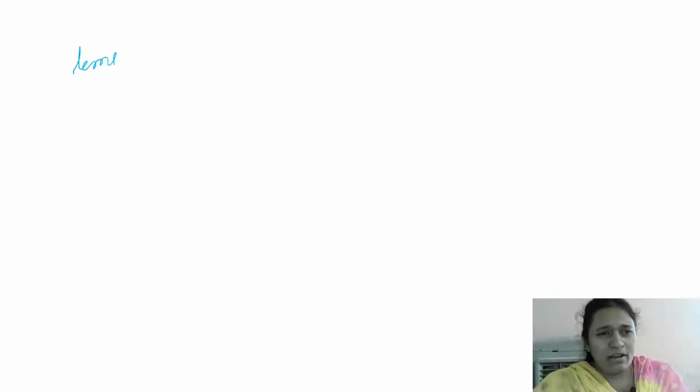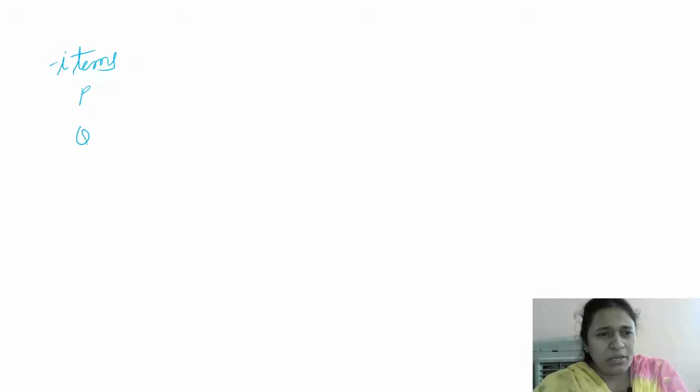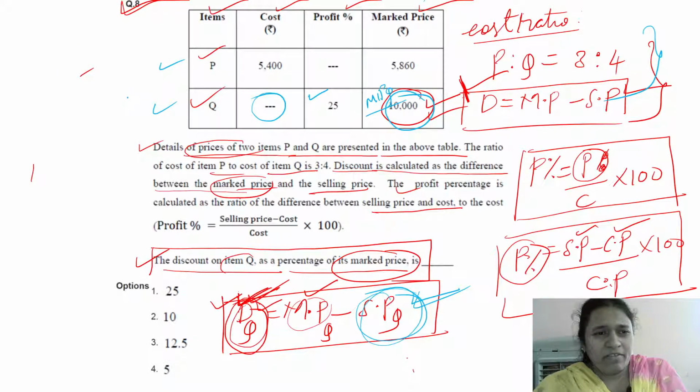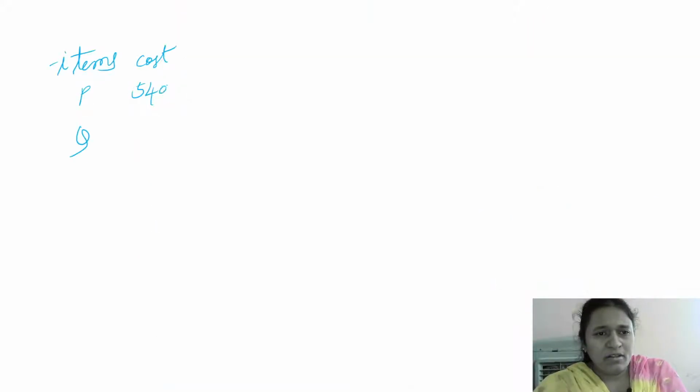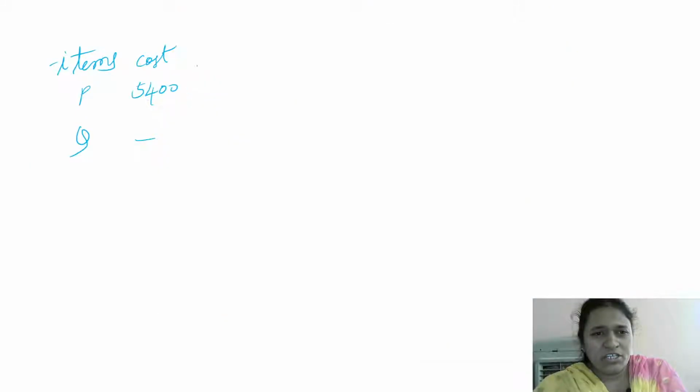Okay, we will write this table here. It is better. Items P and Q, and cost. The cost of item P is 5400. The cost of Q is not given. And profit percentage: P's profit percentage is not given, Q's profit percentage is 25.